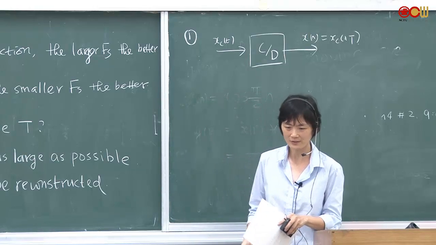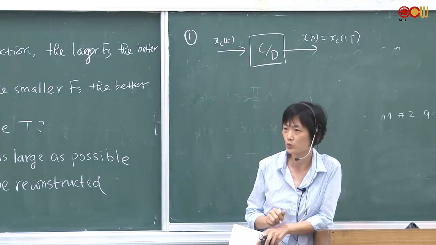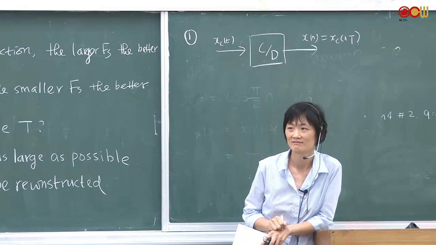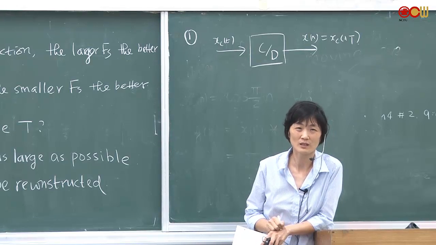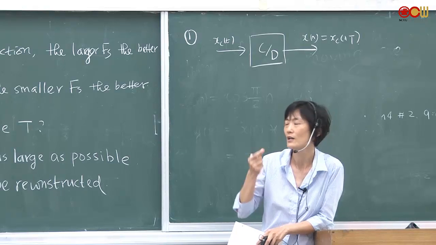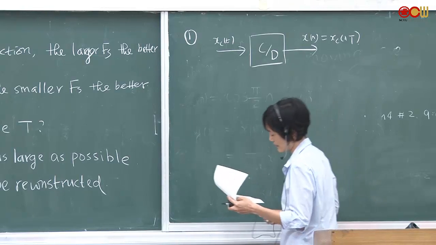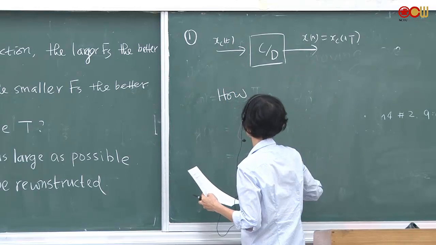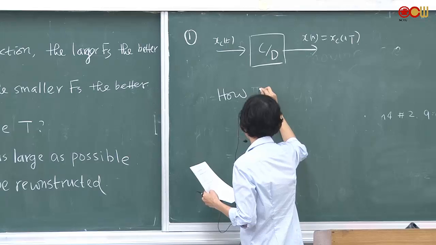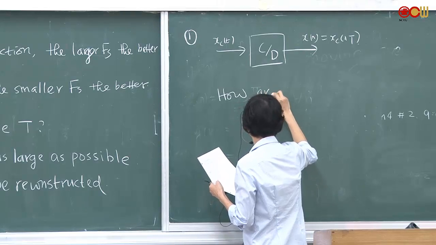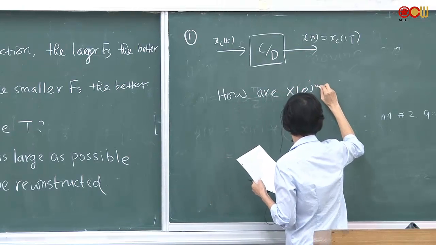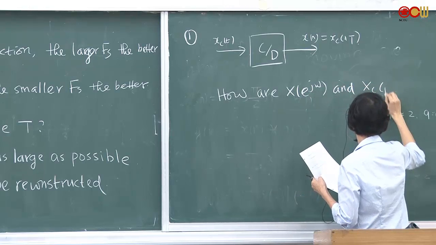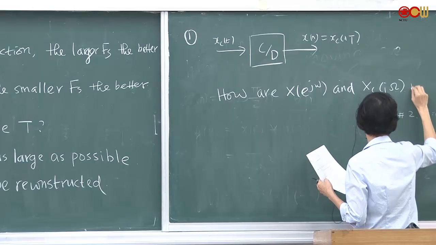So which one do you think would be a better tool for analyzing, the time domain or the frequency domain? Frequency domain, right? We're always talking about frequency. So the frequency domain seems to be a natural choice. We already know how they are related in the time domain. We would like to know how X(e^jω) and Xc(jω) are related.